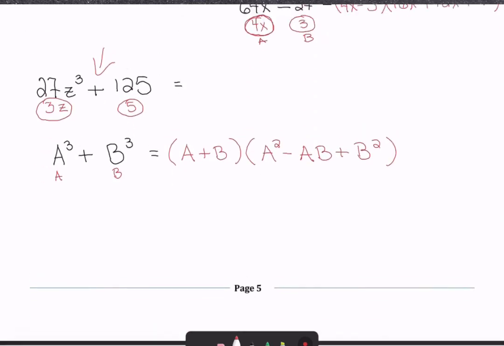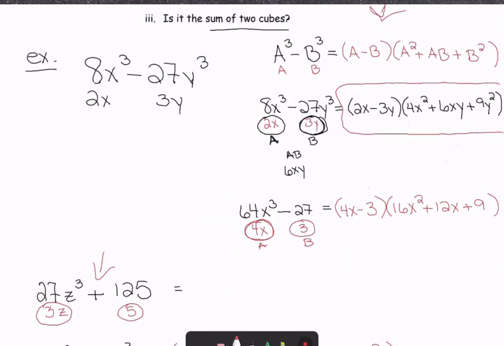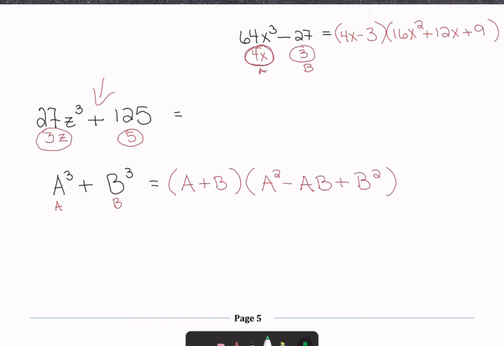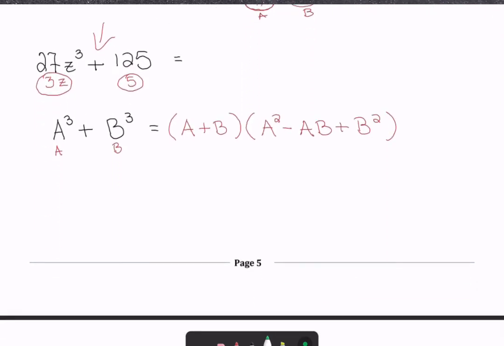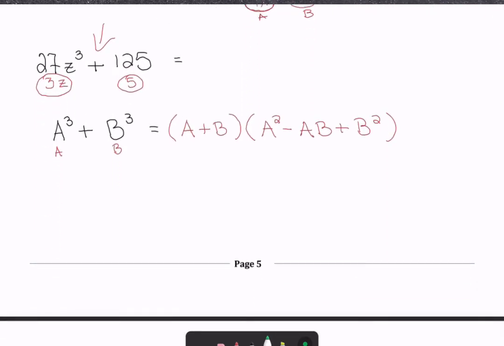Looking at these formulas side by side would probably be helpful to see how the signs change. I'll actually write them side by side after I do this example. So this is the formula that we're going to use. Let me rewrite the problem below and then we're going to fill in the gaps.